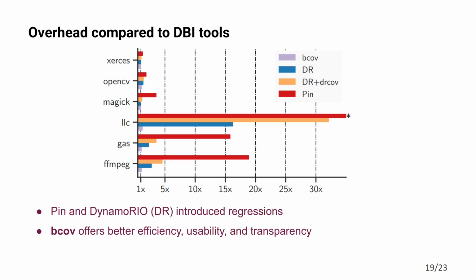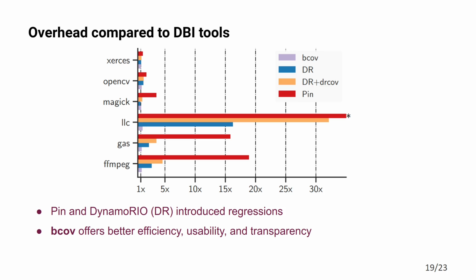We are not aware of any static instrumentation tool with functionality comparable to that of bcov. Therefore, we compare the performance overhead of bcov to the leading dynamic binary instrumentation tools, PIN and DynamoRIO. First, we measure the overhead of the DBI tools without enabling any clients. Then, we enable drcov, which is the coverage analysis client of DynamoRIO.